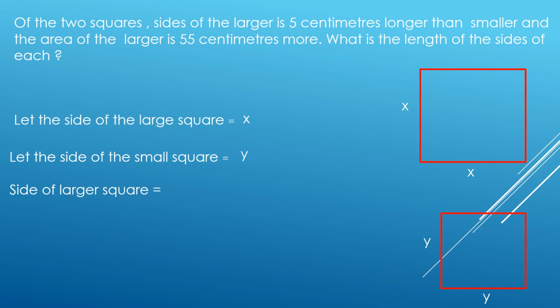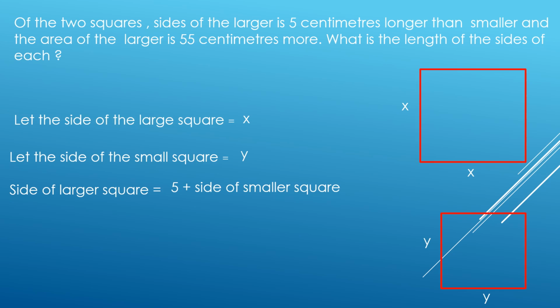Yes, there is a relation, side of larger square, and you have to complete the remaining. Good. It's 5 centimeters more, or 5 plus the side of the smaller square, isn't it? So, can you convert these in terms of x and y?